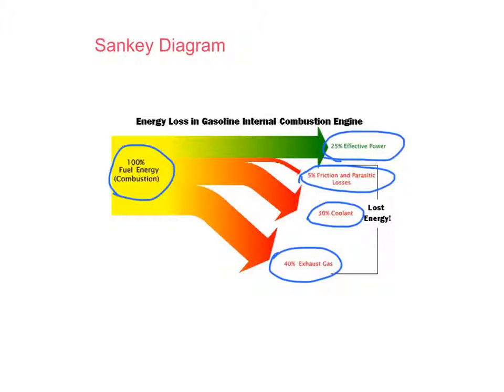So again, the idea of a Sankey diagram is a way to visually show where energy goes. The fatter the arrow, the larger the percentage of the energy is going in that particular direction.